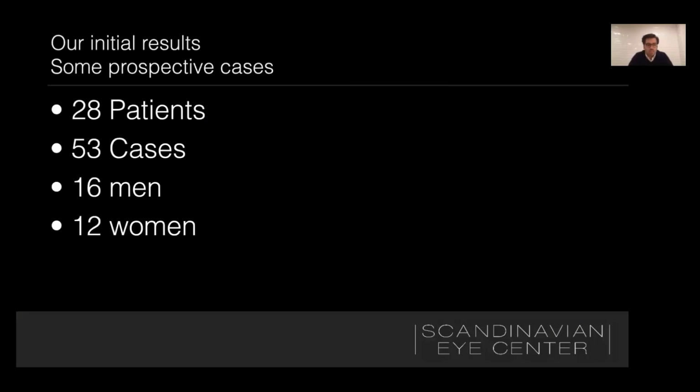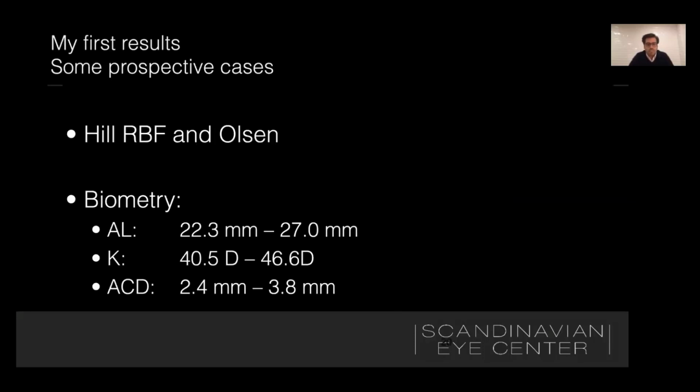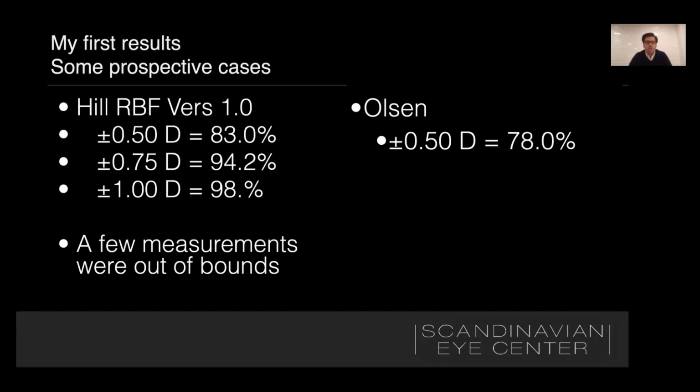My initial results, these were back from 2018 when we had our first 53 cases we looked at. This was presented earlier. We compared the Hill-RBF with the Olsen formula, which was the main formula I was using at that time. And we can see that with the version 1.0 of the Hill-RBF, we had 83% within plus minus half a diopter.